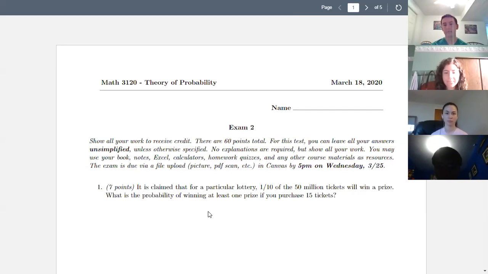So you could have done 1 minus 15 choose 0, 1/10 to the 0, 9/10 to the 15th. So it'd be 1 minus 9/10 to the 15th power. Yeah. So let's actually compare that.